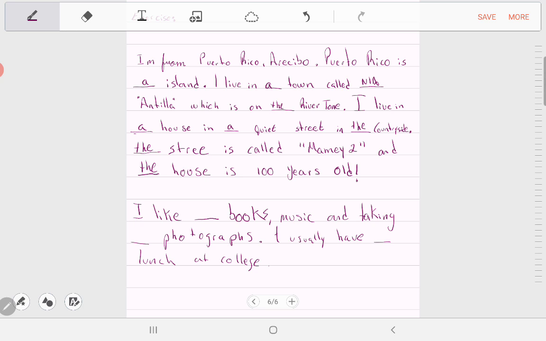The next sentence: I like a blank books, music, and taking a blank photographs. I usually have a blank lunch at college. If you see in the sentence, it speaks about something plural but generic, like books. What book, or what music, or what photograph?